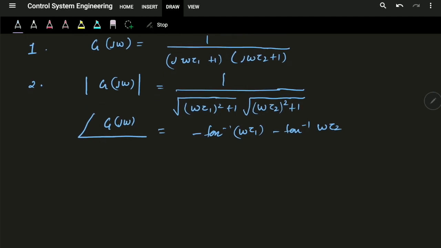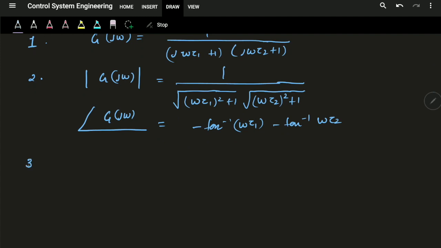Okay, so next step, the third step, we have to find out the value of magnitude and the phase of the system at omega equals 0 and omega equals infinity. At omega equals 0, the magnitude of the system G(omega) will be equal to 1, and at omega equals infinity, the magnitude of G(omega) will be equal to 0.